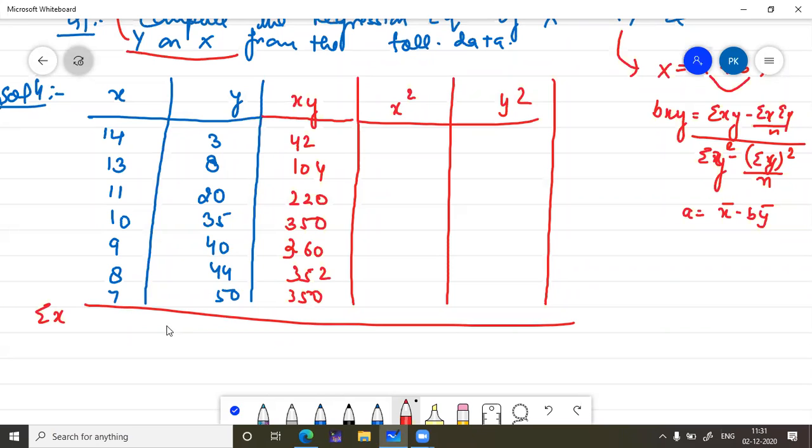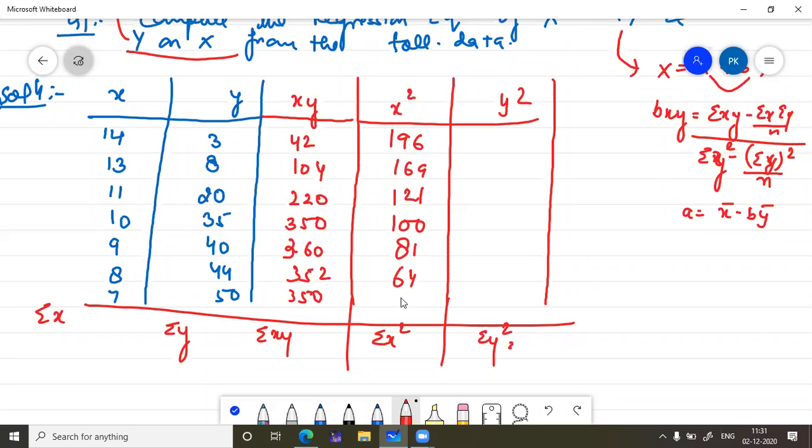Find out the summation of x, summation of y, summation of xy, summation of x square, summation of y square. X square means 14 multiplied by 14, this is 196, 169, 121, 100, 81, 64, 49. And y square means this is 9, 64, 400, 1225, 1600, 44 cross 44 is 1936, and 50 cross 50 is 2500.